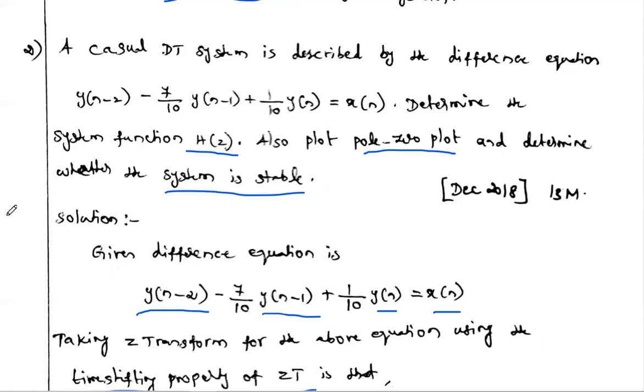In terms of impulse response, how can you say the given system is causal? In terms of impulse response, how can you say the system is a stable system? And in terms of the ROC diagram, the ROC diagram means the pole-zero diagram. So how can you say the given system is causal and stable? We discussed in the first video of this fifth unit, 5.1. Okay, so you go and check that.